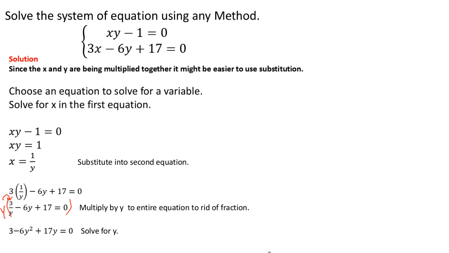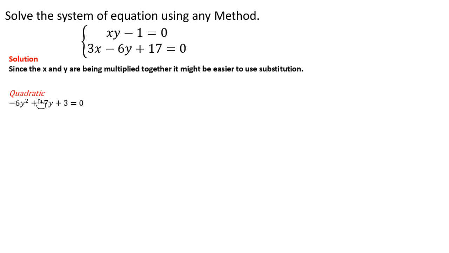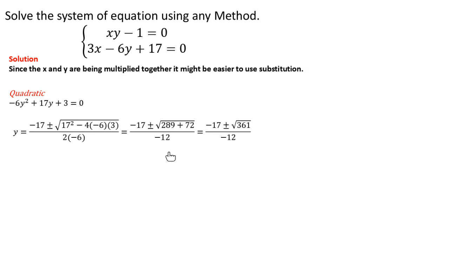Now we have a quadratic equation, so we're going to need to solve it using the quadratic formula. Here b is 17, so we get negative 17 plus or minus the square root of 17 squared, minus 4 times a, which is negative 6, times c, which is 3.